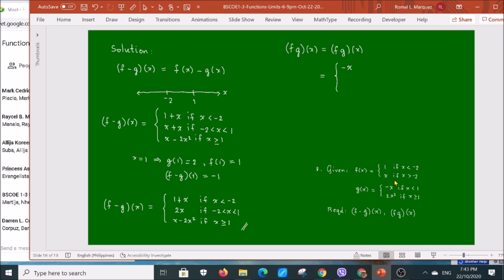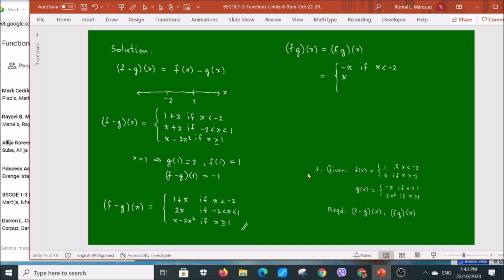Then, what about if x is between negative 2 and 1? So this is greater than negative 2, so I multiply x times g.